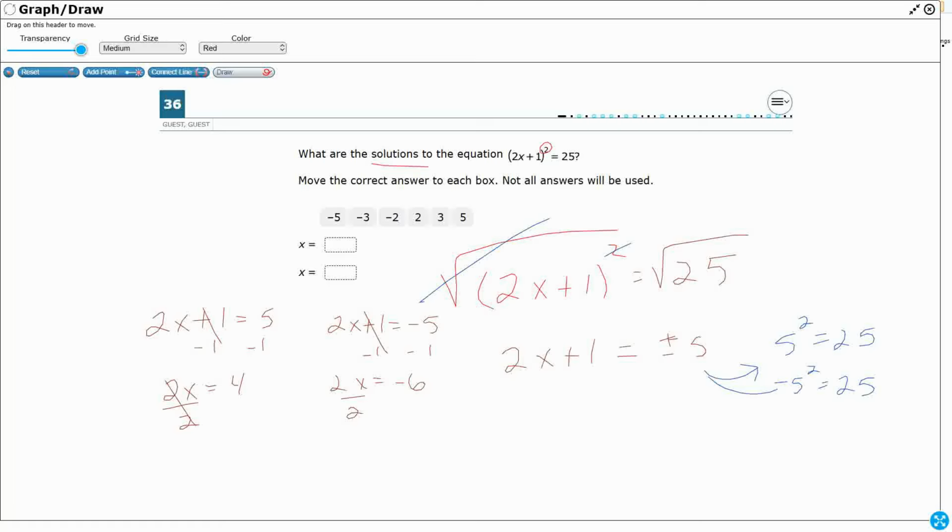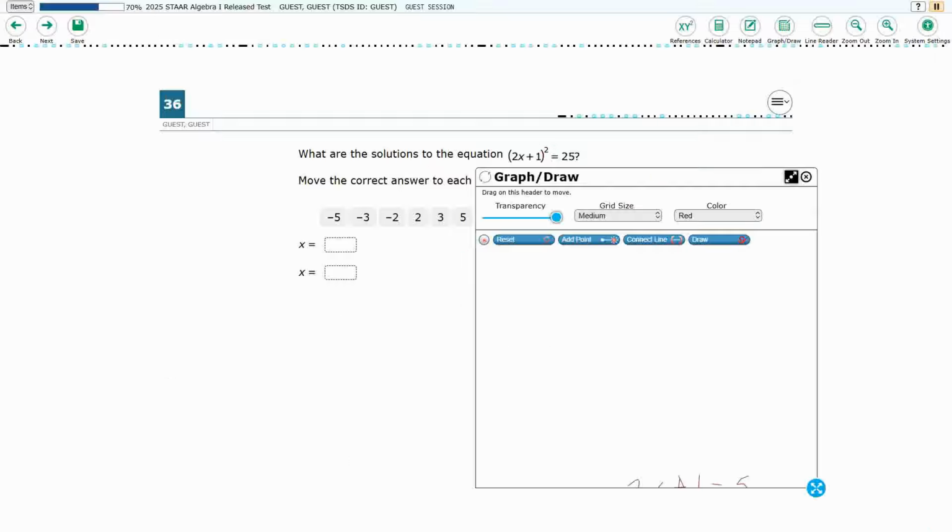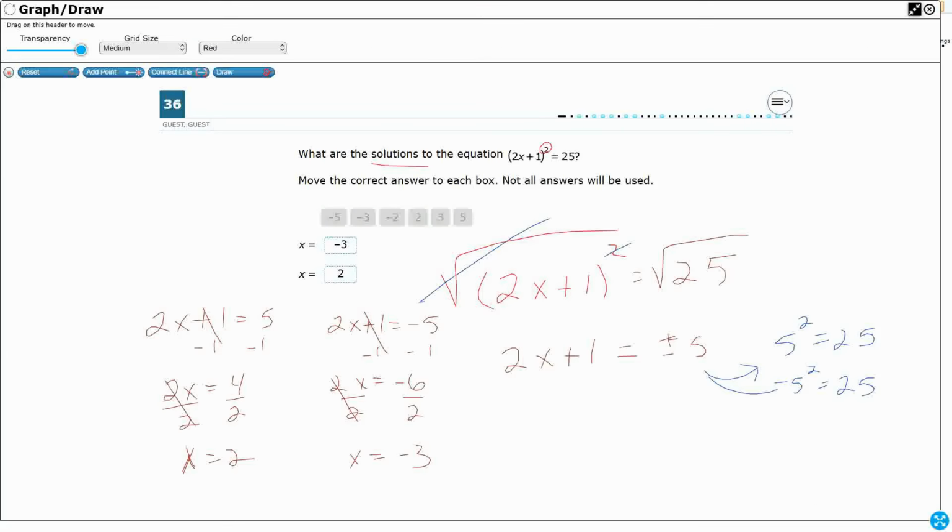That's going to leave that coefficient of 1. x equals 2, and then x equals negative 3. So let's grab those. You can put them in either position, 2 and negative 3, or you can flip them and say negative 3, 2. Order doesn't necessarily matter on this one, but that is going to be our correct answer.